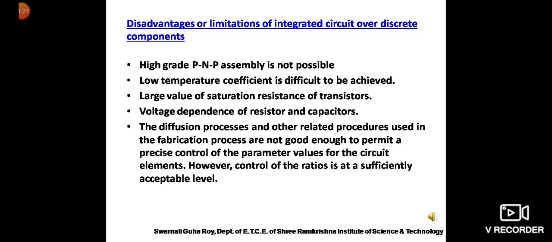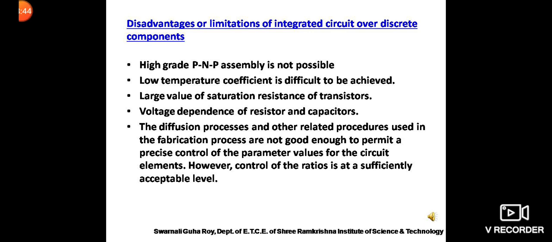Some more disadvantages or limitations are that high-grade PNP transistors are not possible to make in IC form. The second point is that a low temperature coefficient is difficult to achieve. Then, large value of saturation resistance of transistors.